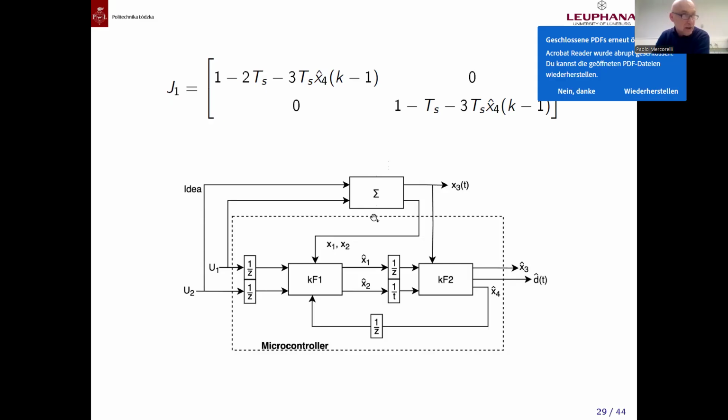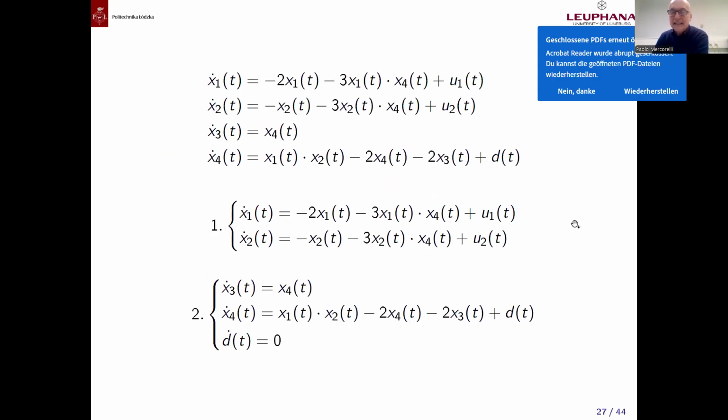I have to speak with the student that he should put here the signal D of T, which disturbs the system in general, but of course, is directly, physically in the equation number 4.